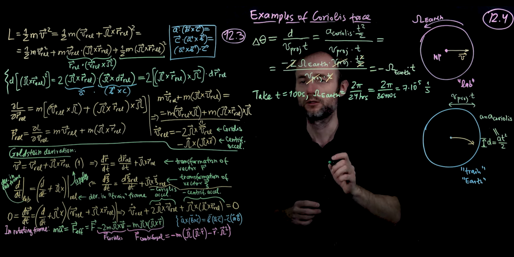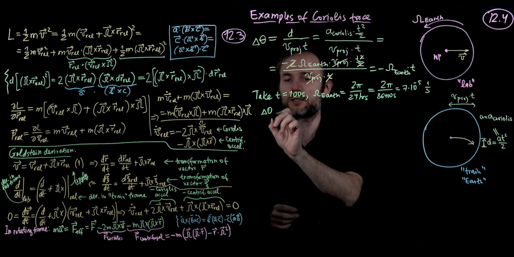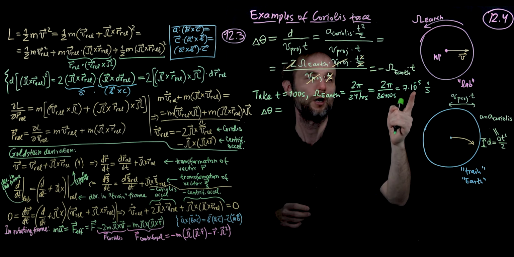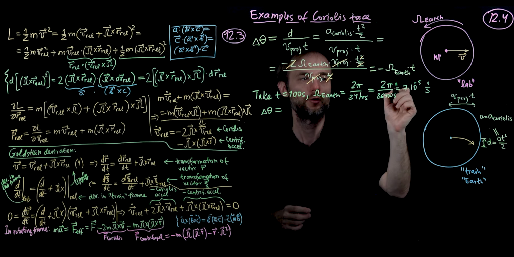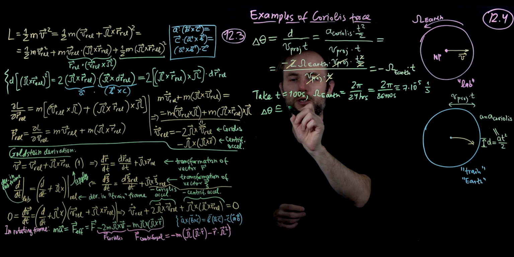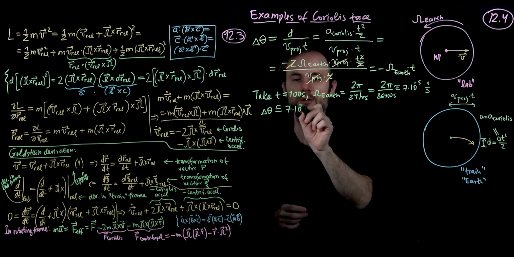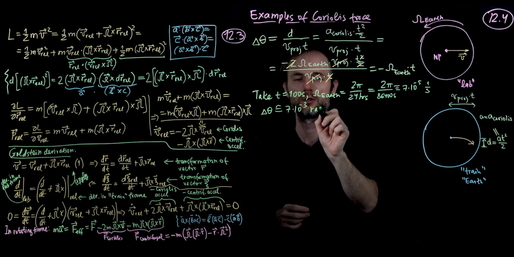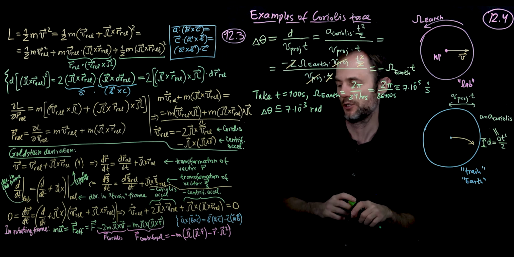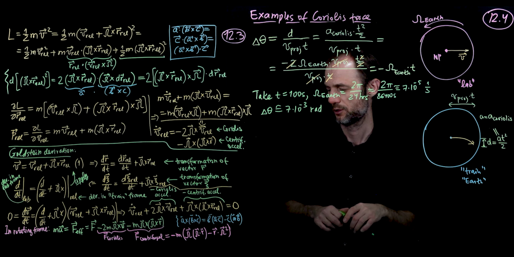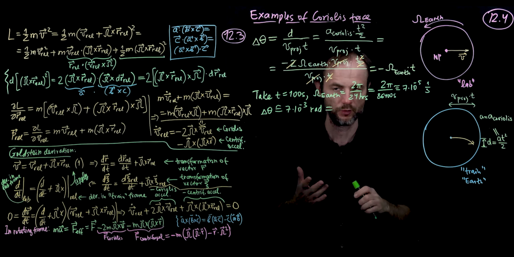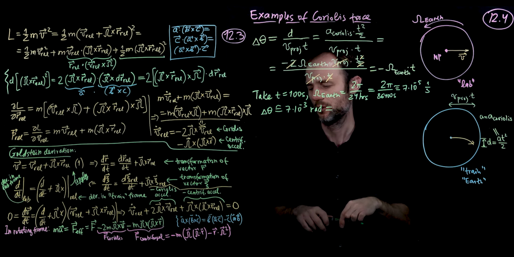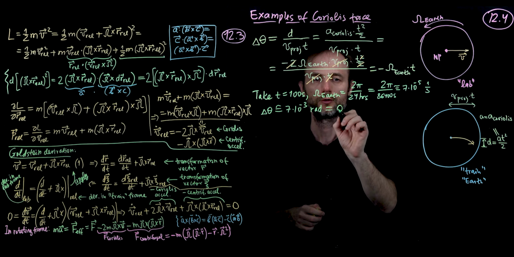So the angle that we're going to get in the end over 100 seconds will be roughly 100 times that, so it will be 7 times 10 to the minus 3 radians. Or, because 1 radian is around 60 degrees, it will be roughly 0.4 degrees.